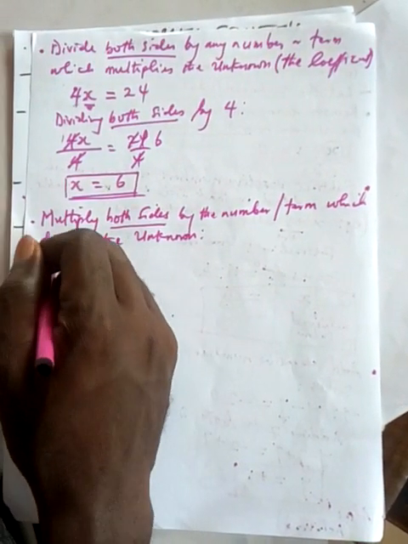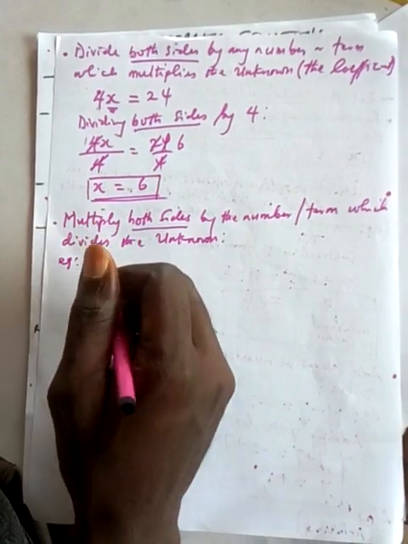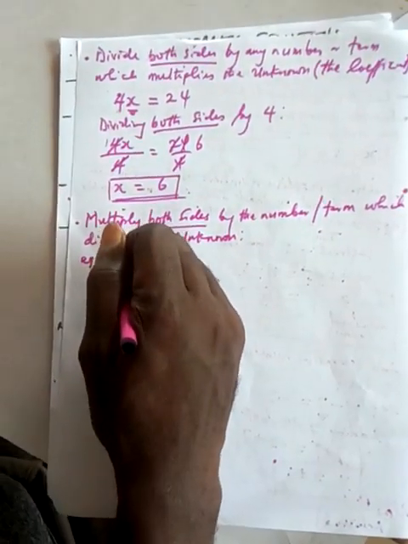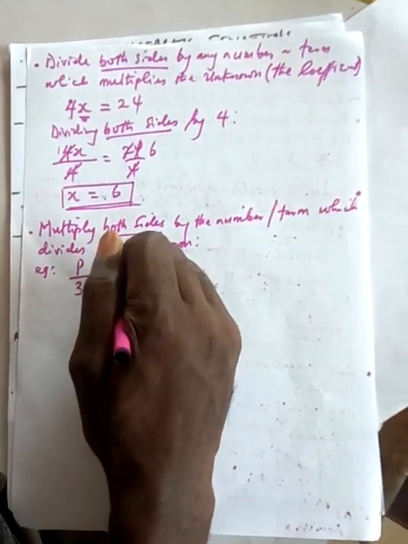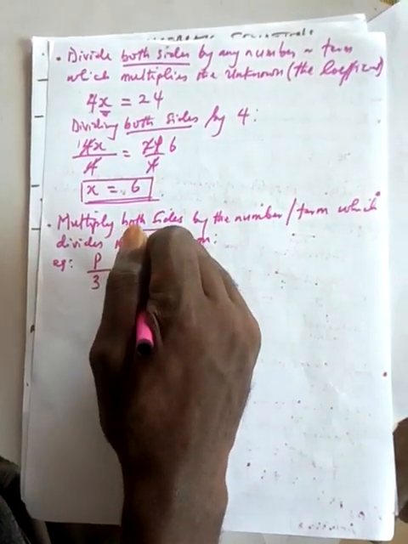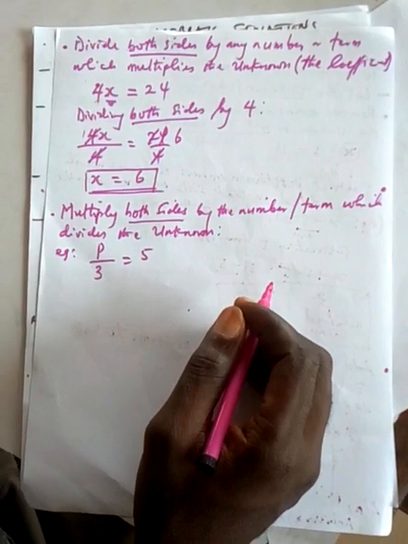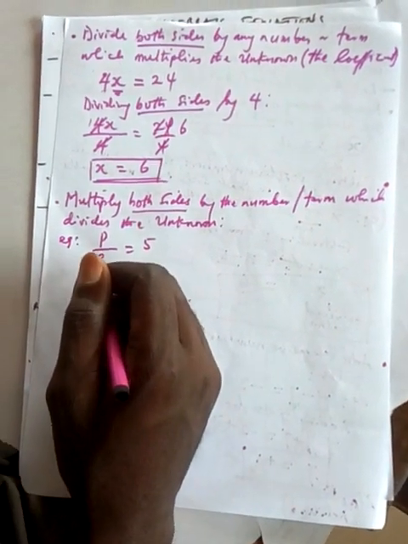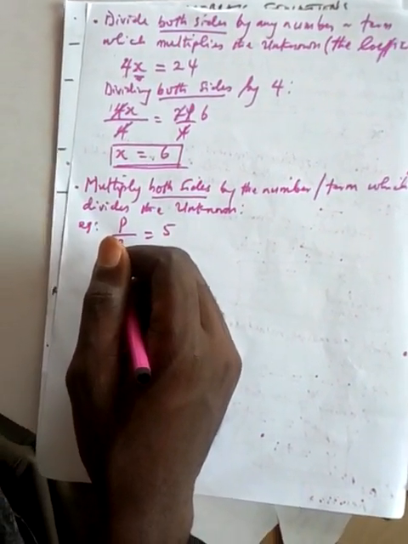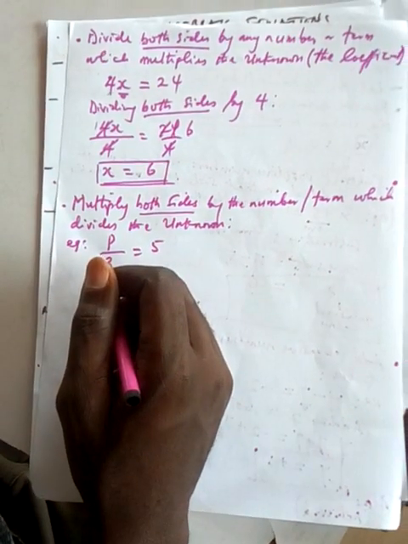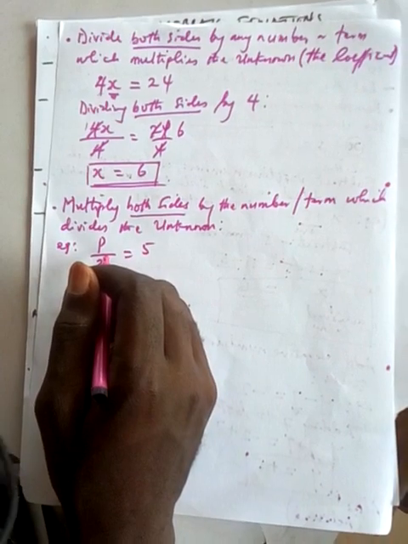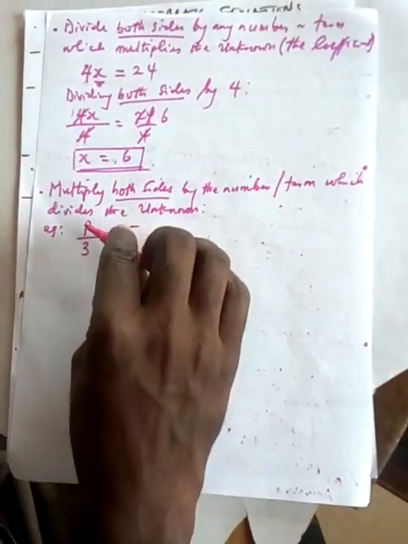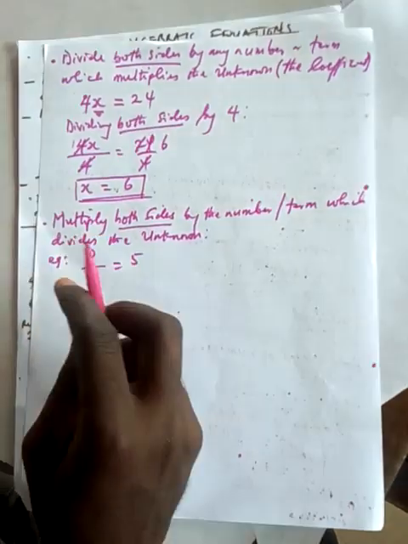Now, if we have something like this, for example, p over 3 is equal to 5, they're asking us, what number will be divided by 3 to give 5? We know the number. We know it's 15. But how are we going to get that 15? That's in solving equations. So we have p over 3 equals 5.